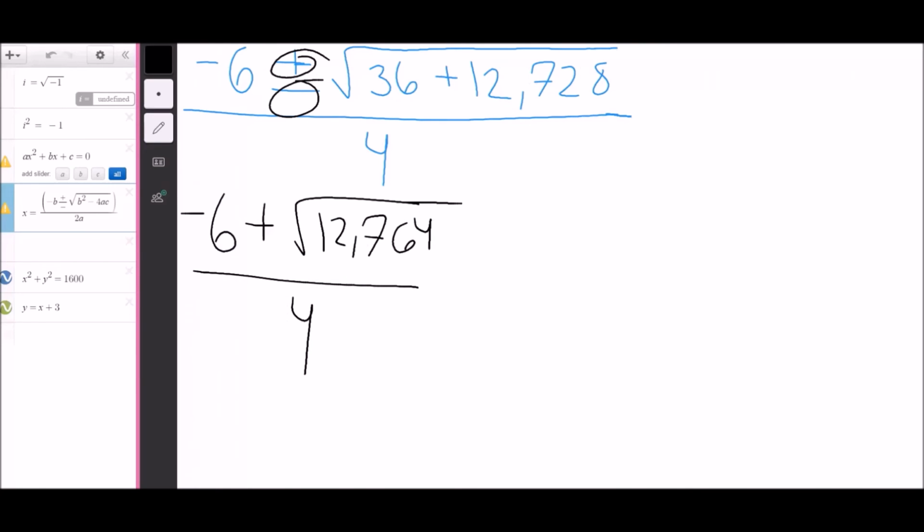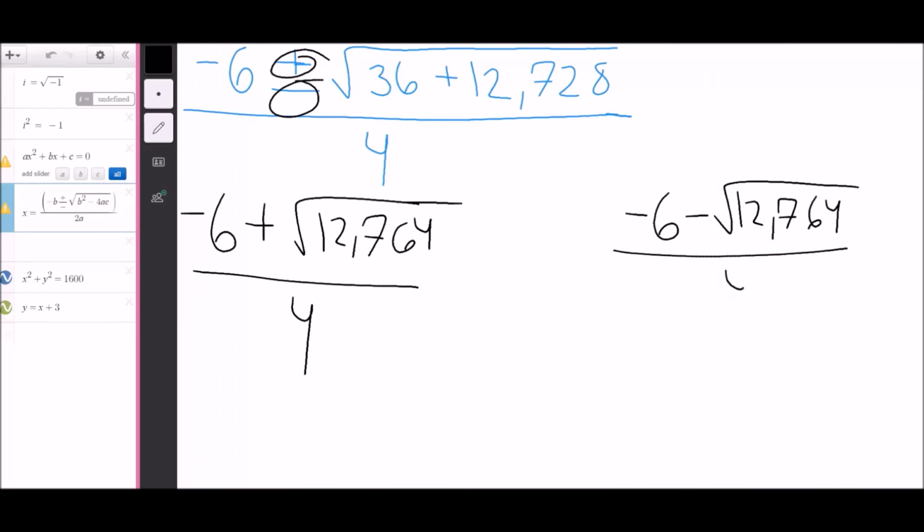And the other one is negative 6 minus the square root over 4.